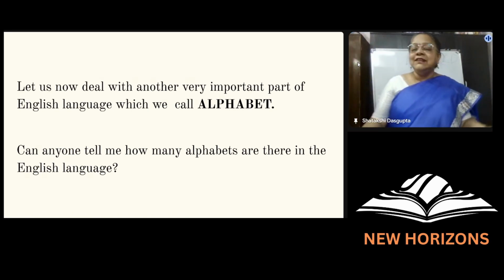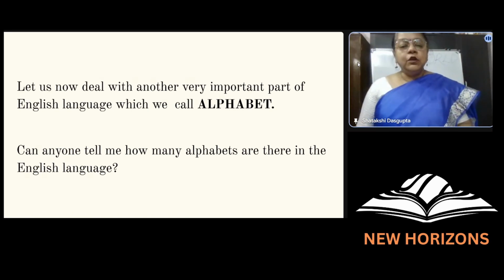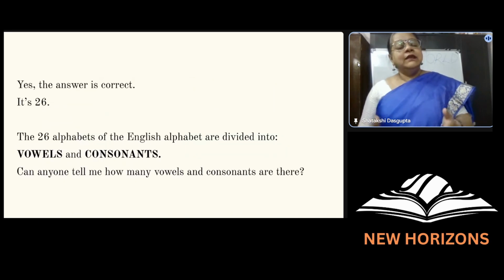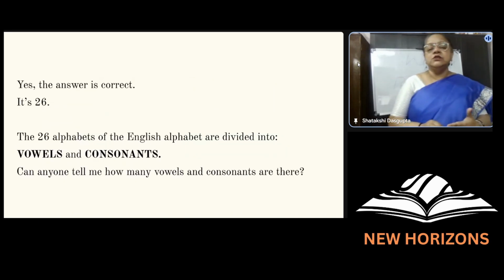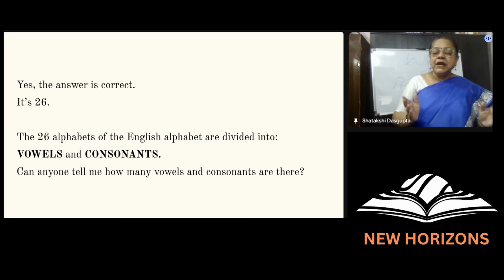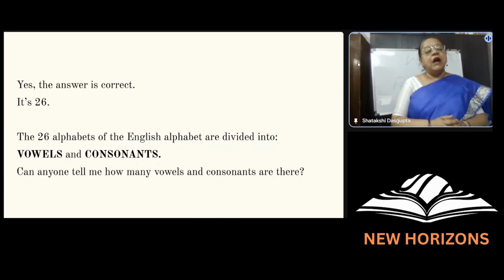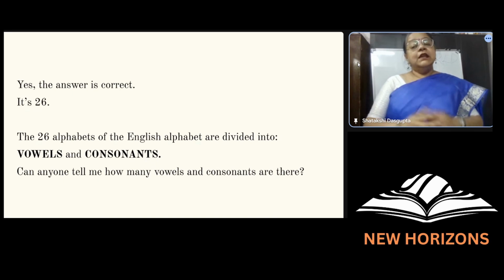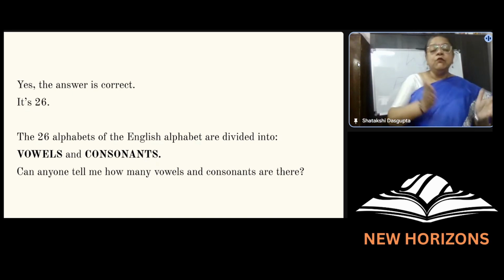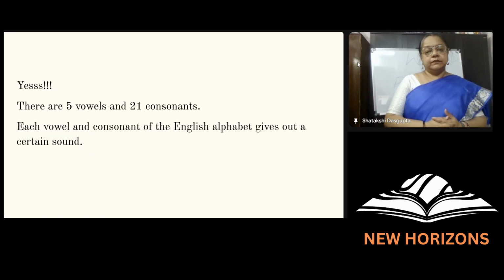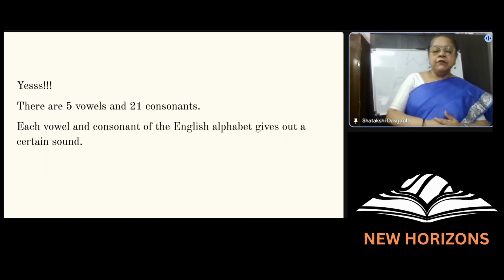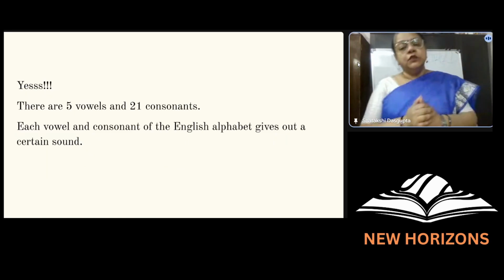Yes, we all know that there are 26 alphabets in the English language. Now, these 26 alphabets are divided into vowels and consonants. Now, tell me how many vowels and how many consonants are there? 5 vowels, 21 consonants.